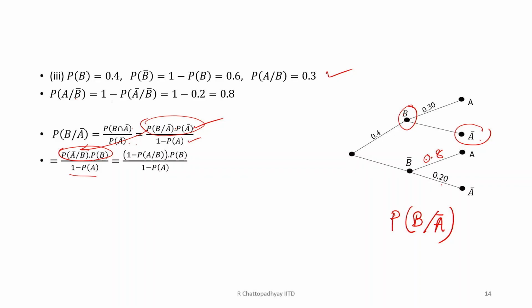Now I can write P(A bar given B) as 1 minus P(A given B). Therefore, it will be 1 minus 0.3. This value is actually 0.7, which is P(A bar given B).